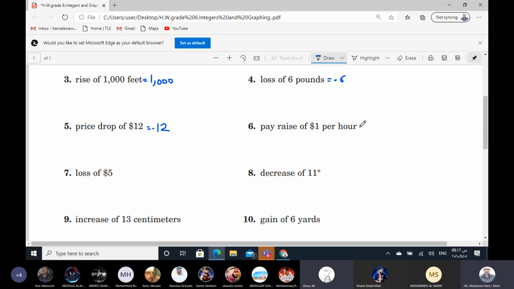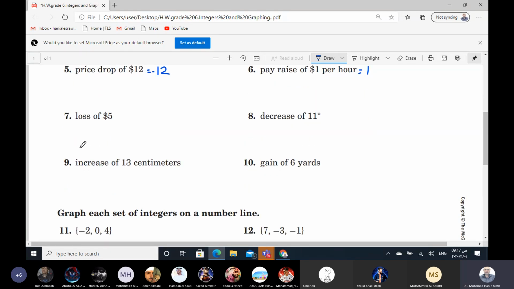Rise means positive. Number 7 here, loss. Loss means negative.